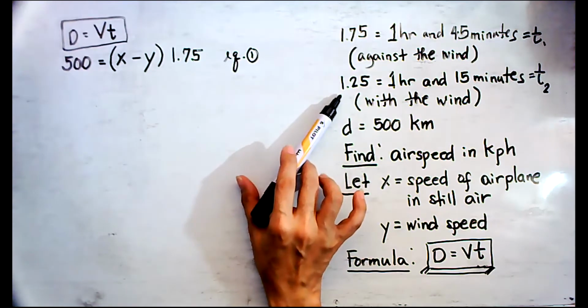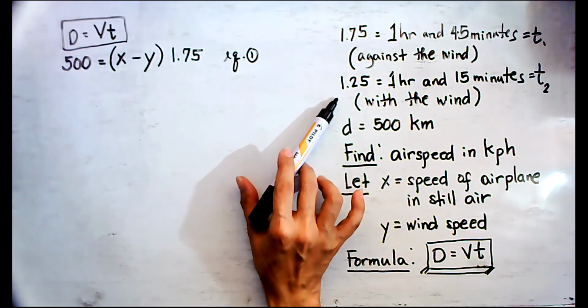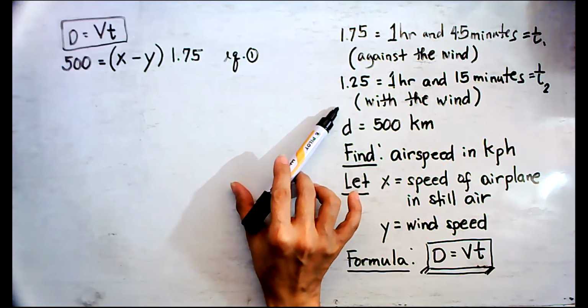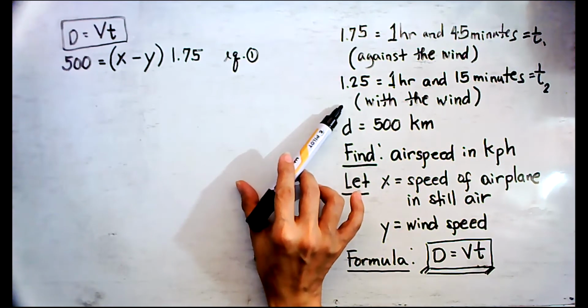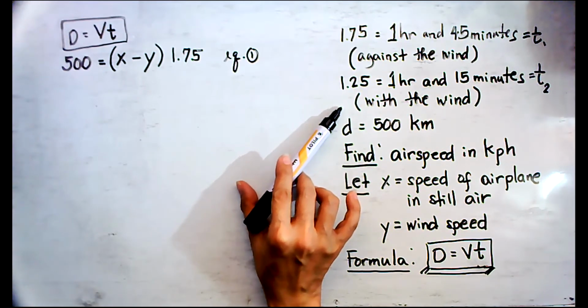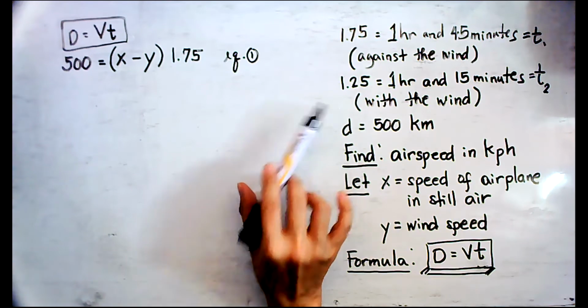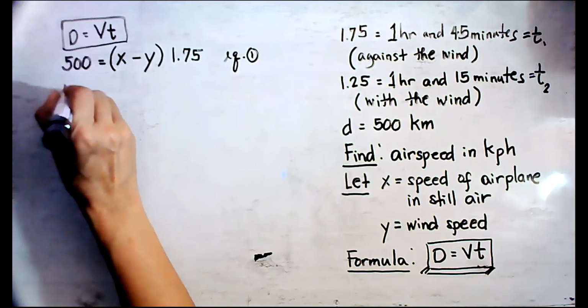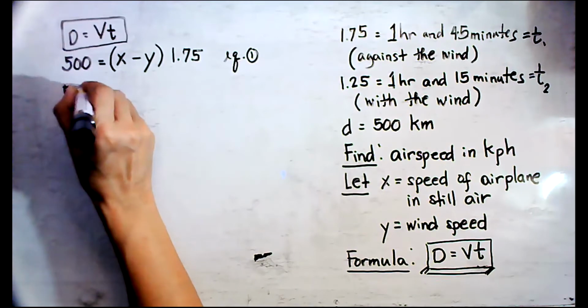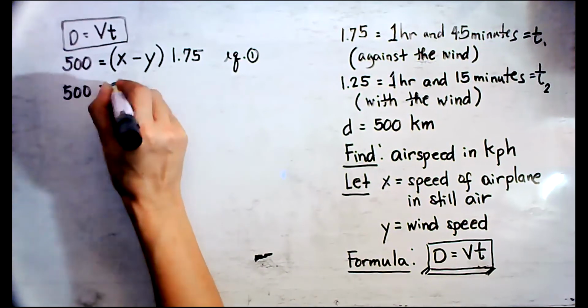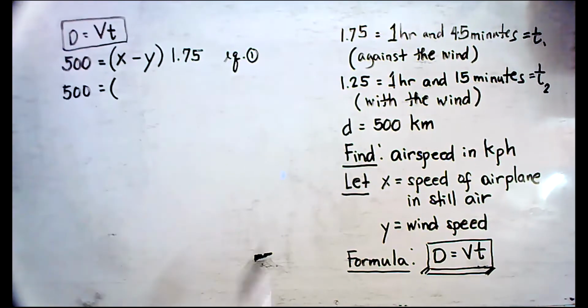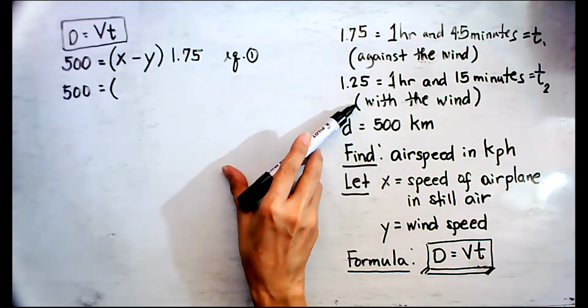According to the second condition, yung airplane will be traveling with the wind. And it only took about 1.25 hours or 1 hour and 15 minutes with the same distance. So the same distance pa rin ang na-cover niya, 500. Pero this time, ang velocity natin, the airplane will be traveling with the wind.